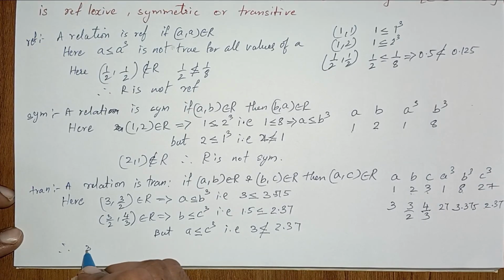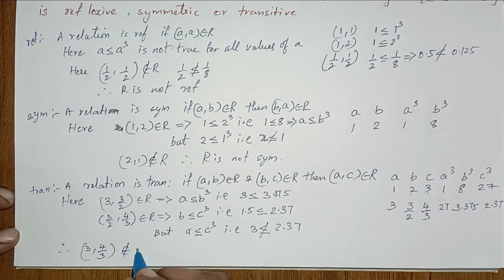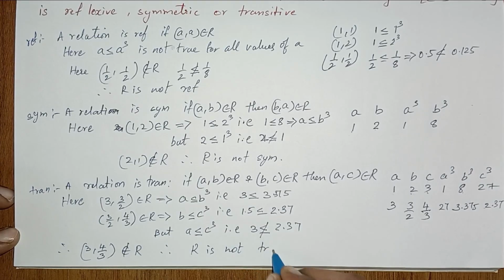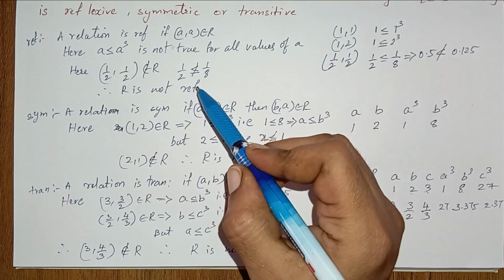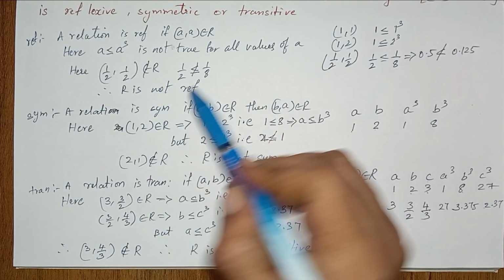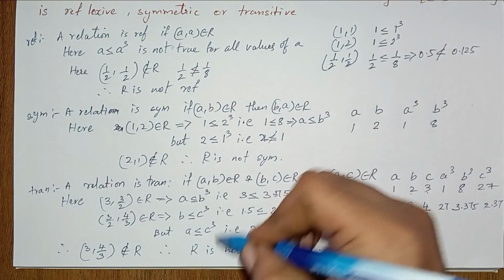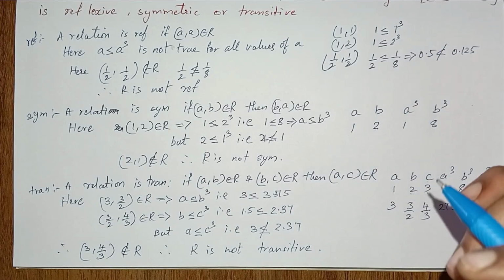Therefore, (3, 4/3) does not belong to R. Therefore, R is not transitive. So in this question, we have proved that the relation R is not reflexive, nor symmetric, nor transitive.